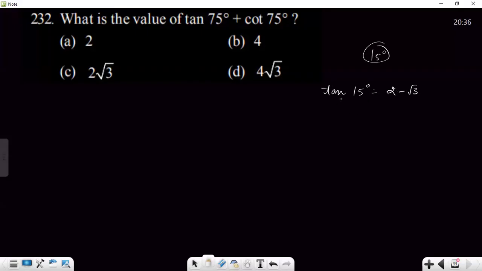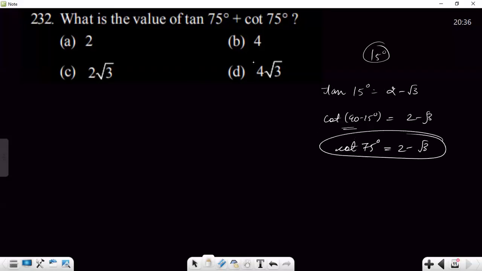So tan of 15 degrees is equivalent to cot of 90 minus 15 degrees, which is cot of 75 degrees. To find out tan 75, we'll just write 1 by cot 75 degrees, which is 1 by 2 minus root 3.